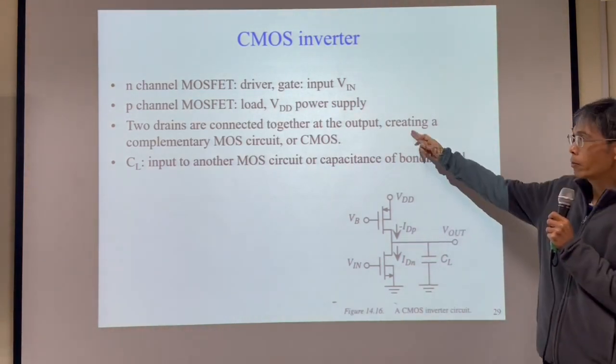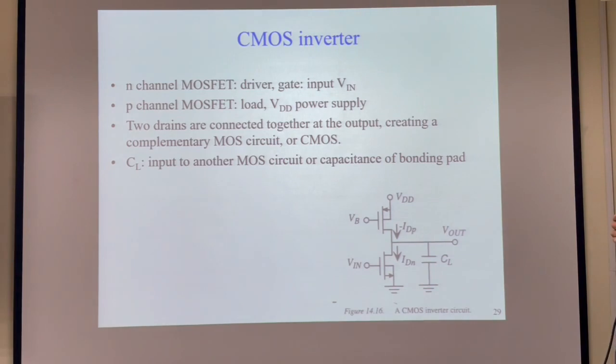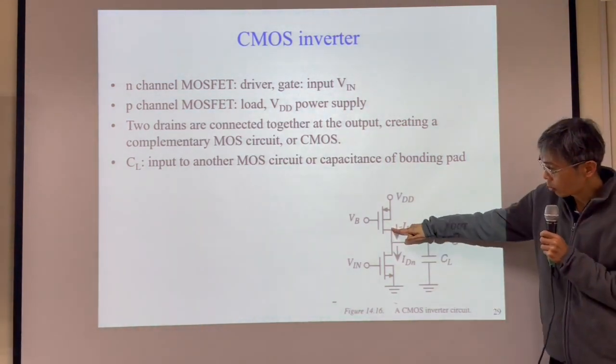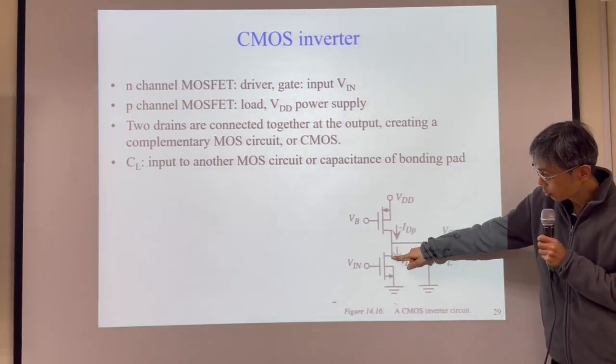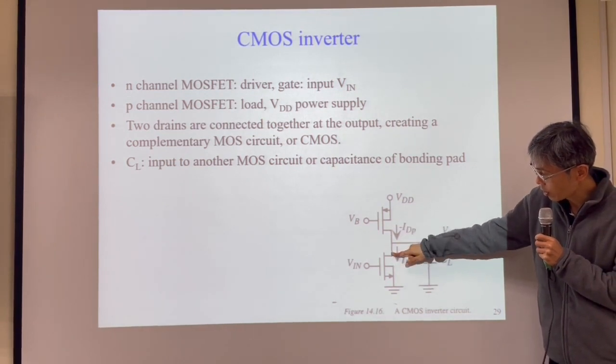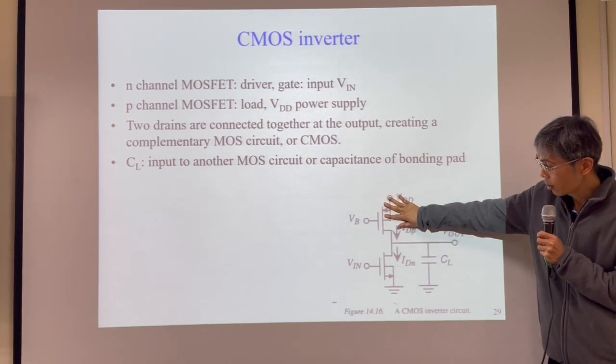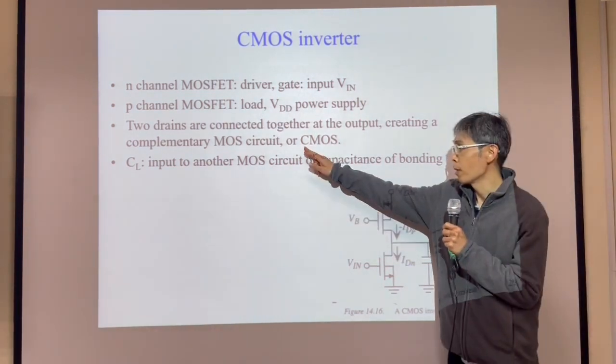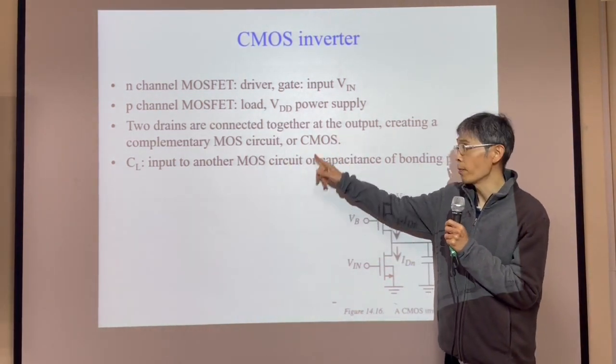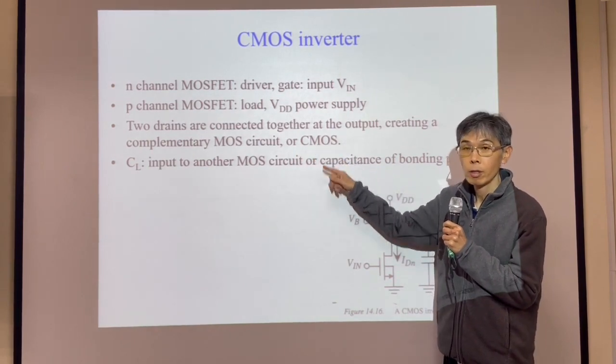Marcin, could you read the third one? Two drains are connected together at the output, creating a complementary MOS circuit or CMOS. Okay, so this is the drain of PMOS, this is the drain of NMOS, and the two drains are connected together. PMOS plus NMOS, we have complementary MOS.